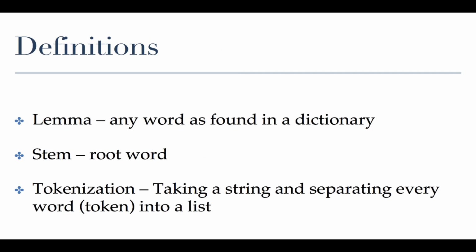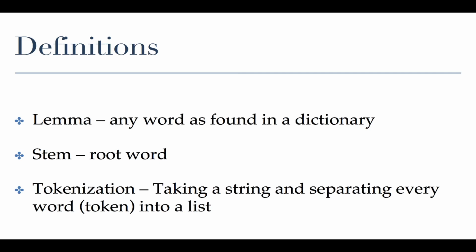So let's go through some definitions. First, we're going to talk about some linguistic definitions, what a lemma and a stem is. So a lemma is basically, if you go into the dictionary and you find the definition of a word, how the word is presented as the first part of the entry of the dictionary. That's what we call the lemma.